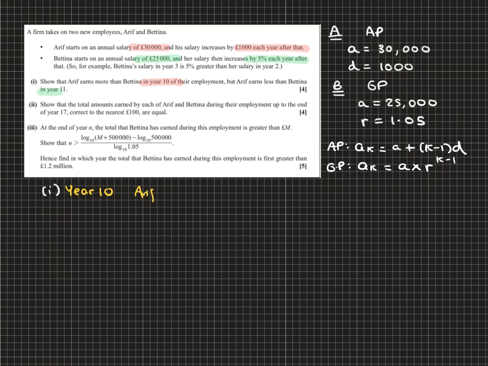So Arif will have a, which is 30,000 plus 9 multiplied by 1,000. So that gives his value of a_10 equal to £39,000.